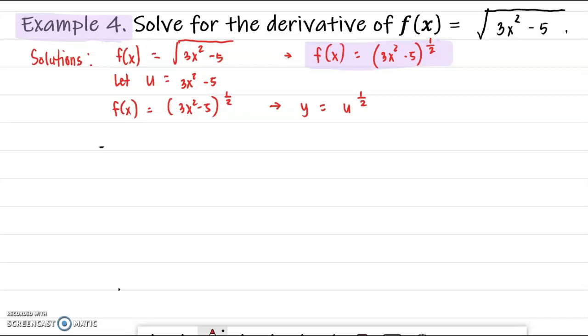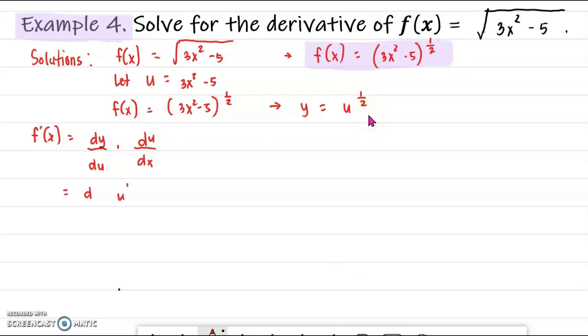Now we can already start solving for the derivative. So we have f prime of x is equal to the derivative of y with respect to u times the derivative of u with respect to x. So we have here the derivative of y. Our y is u raised to 1/2.